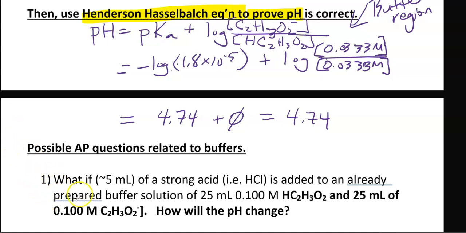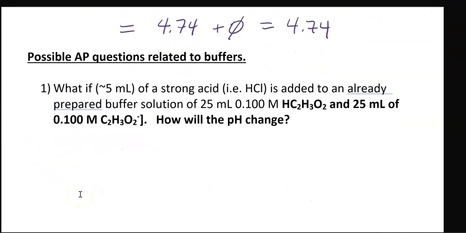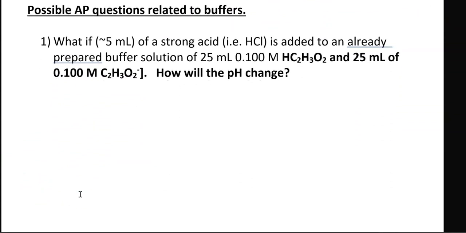Let's pause and talk about some situations that might occur for AP questions. You might be asked, well, what if you have 5 milliliters of strong acid that are added to a buffer that's already prepared? What will happen to the pH? How will the pH change?